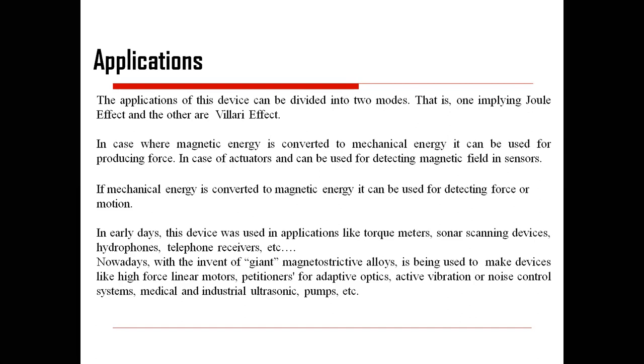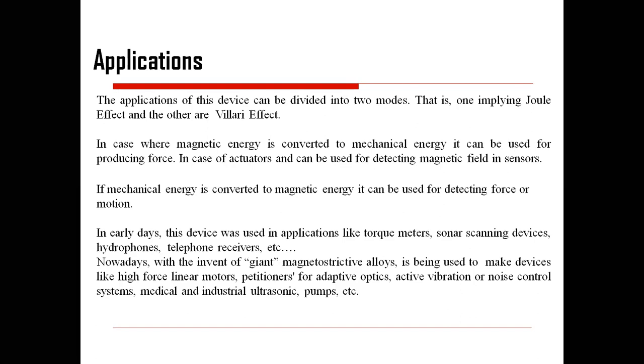Magnetic field sensors or the switching of a switch using a magnetic field can also be carried out using Joule's effect. If we are using mechanical energy converted to a magnetic field, this can be used for detecting force or motion, which we are studying now.